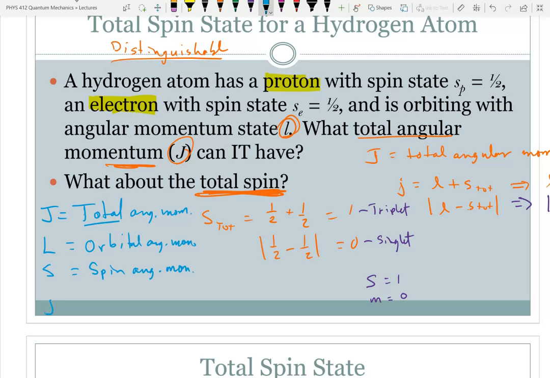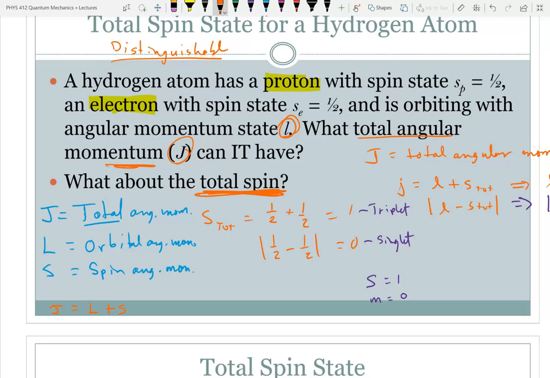So J is equal to L plus S following the rules of adding spin. That means it could be anywhere from L plus S to the absolute value of L minus S. So that's what J is. So whenever they say J down in the table, they just assume you're going to use either L or S?